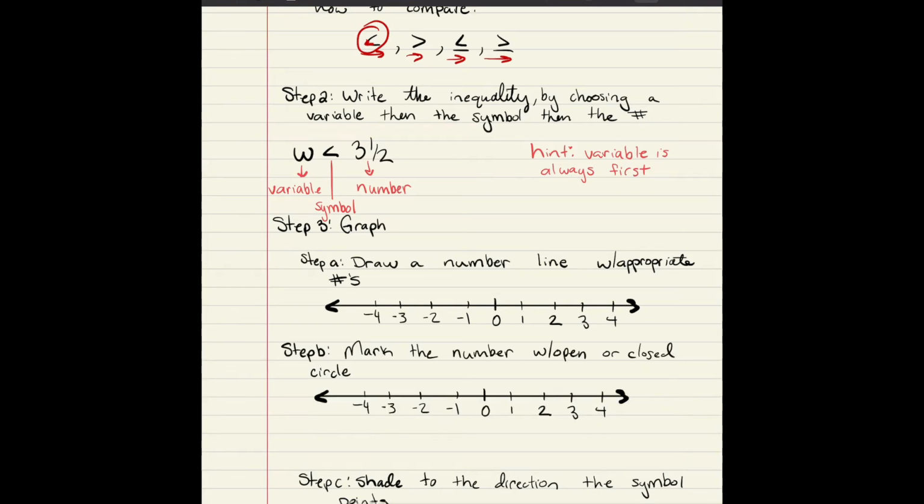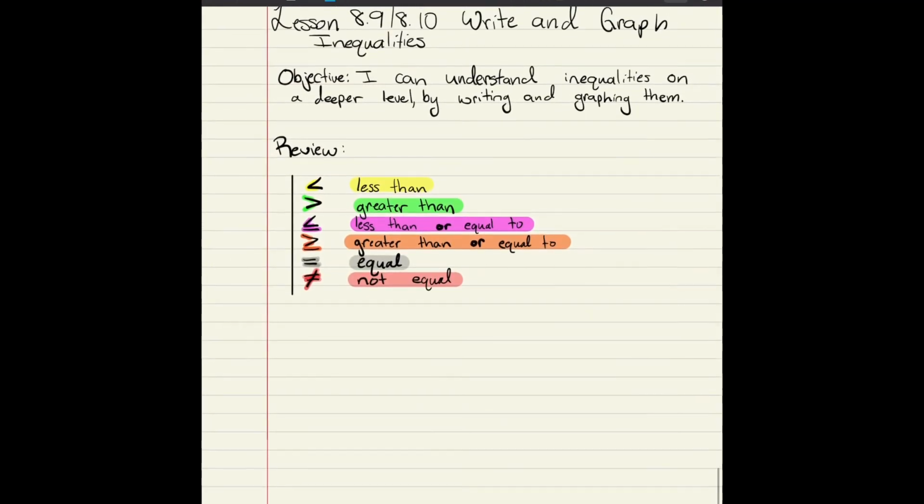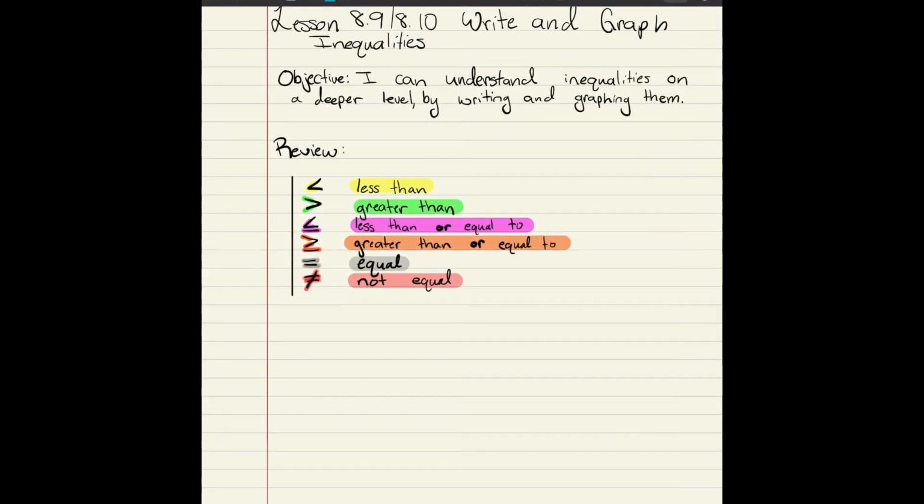Step B says mark the number with open or closed circles. So the open or closed circle is going to depend on the symbol. So let's go back up to our symbols. When it is greater than or less than, these circles are going to be open.